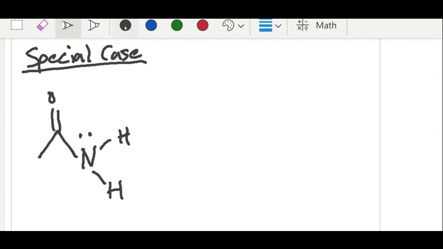All right, so the first question is, what is the hybridization of nitrogen? Okay. So at first glance, you could see that there's 3 bonds, 2 hydrogen, 1 carbon, and then 1 lone pair. So that would mean 4 electron domains, which would mean sp3, right?